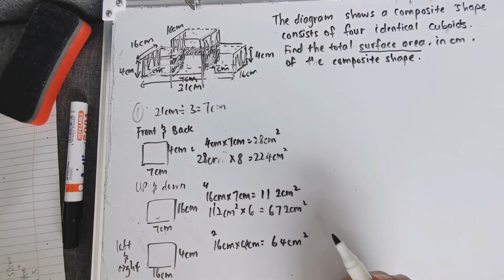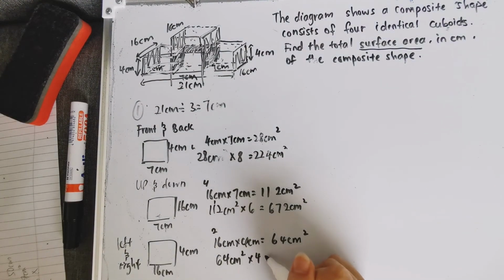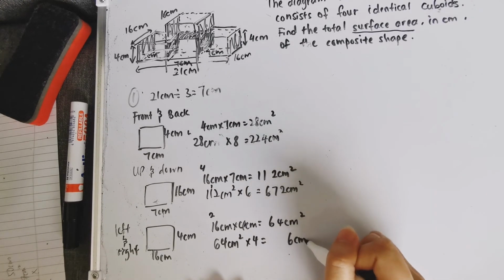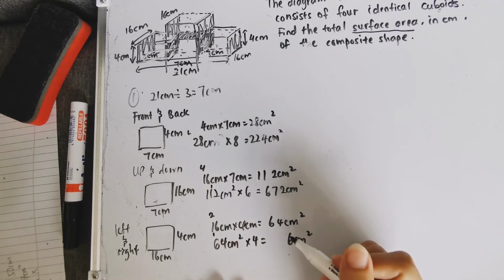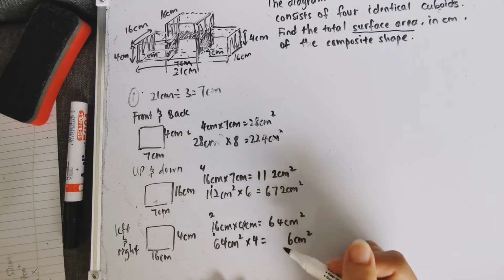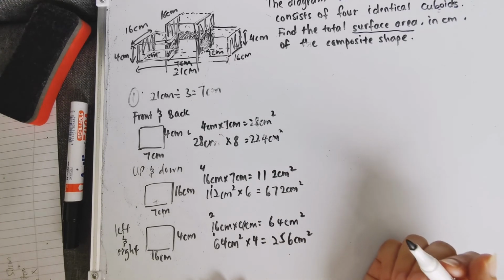We only have 4. So 64 cm squared times 4. 4 times 4 is 16. 6 times 4, 24. 24 plus 1, 25. So it's 256 cm squared.